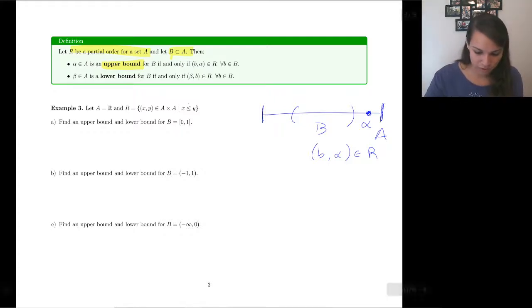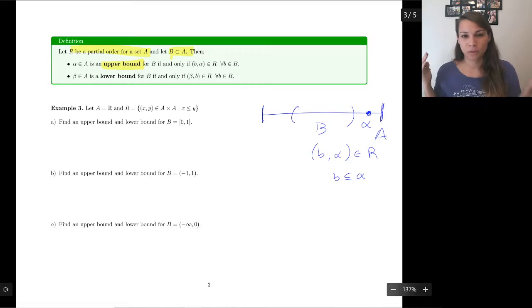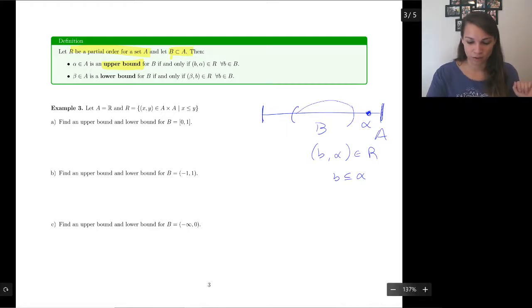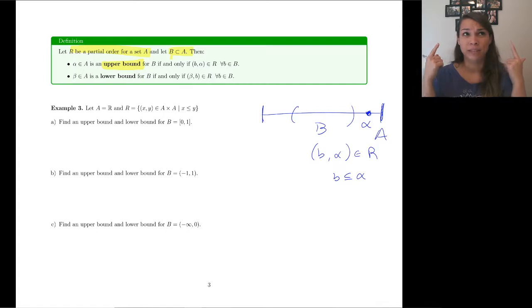If we were to use the less than or equal to relation, alpha is an upper bound if b is less than or equal to alpha for all the b's in our B. So always keep the less than or equal to sitting in the back of your mind. I feel like it just clarifies everything.